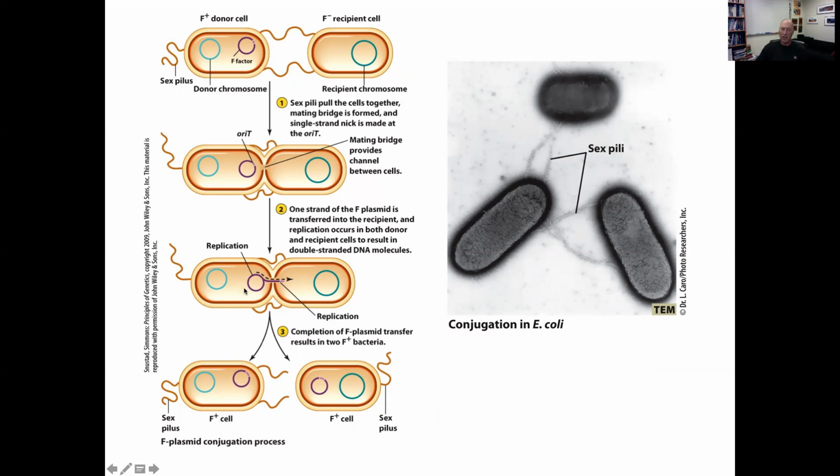This particular plasmid uses this process of rolling circle replication to essentially spin off a new copy that's going to then reside in this new cytoplasm, okay? And then, of course, it will be able to make its own conjugal pili because the genes for that conjugal pili are encoded on this F plasmid.